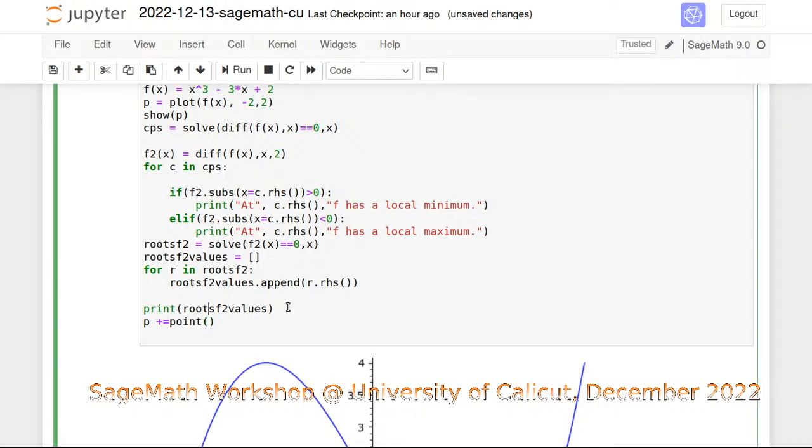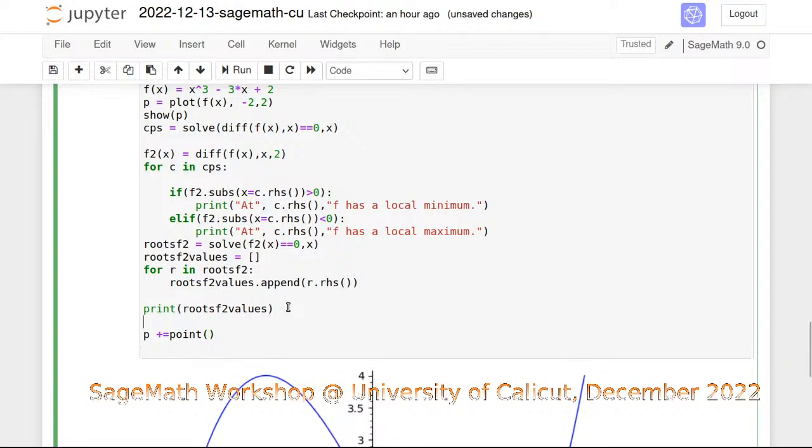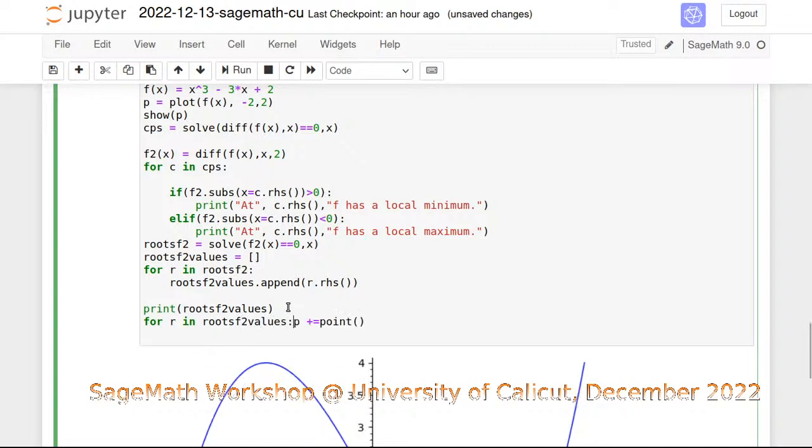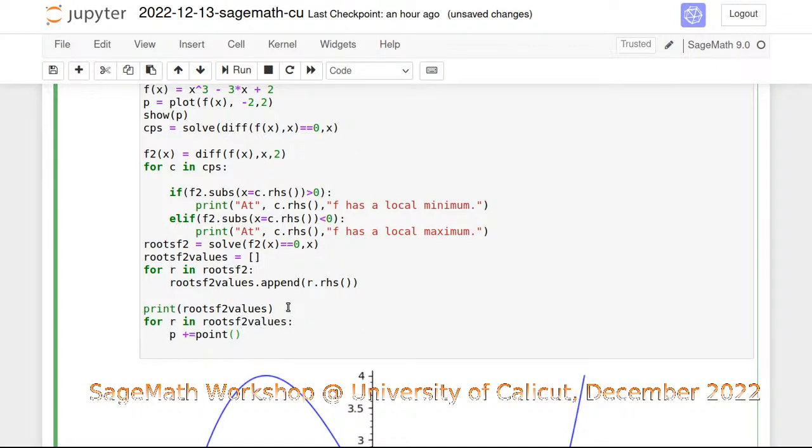Point for r in the list. Of course there is only one point, but making the program a little bit more general, plotting the point r comma f of r. Take the size to be something large.